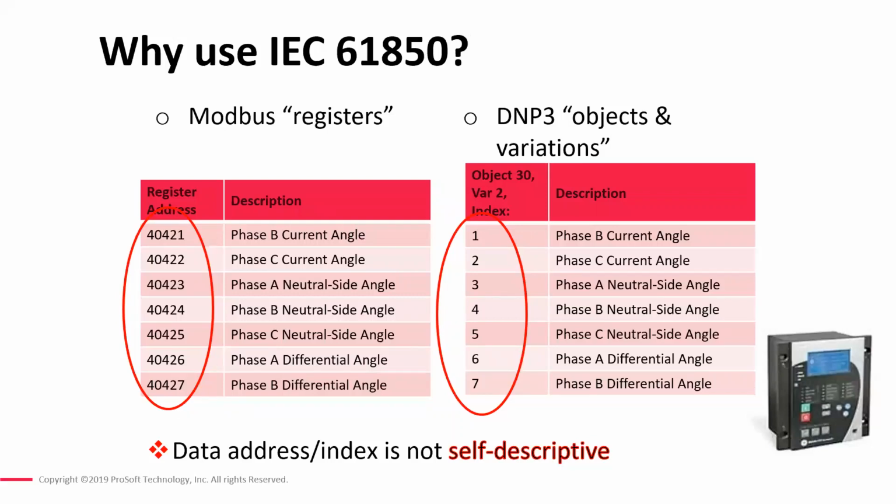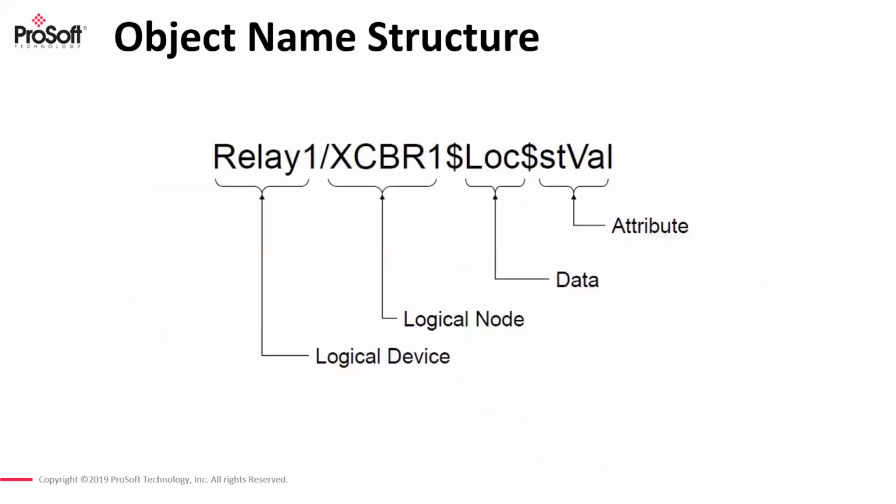So really the data address and the index was not self-descriptive. From an implementation standpoint, somebody looking at this doesn't really have a good indication of what that information represents.